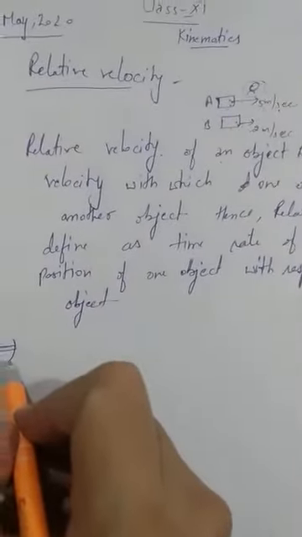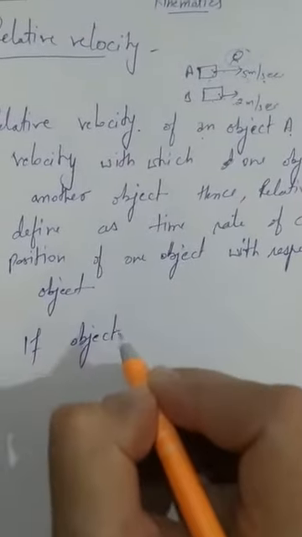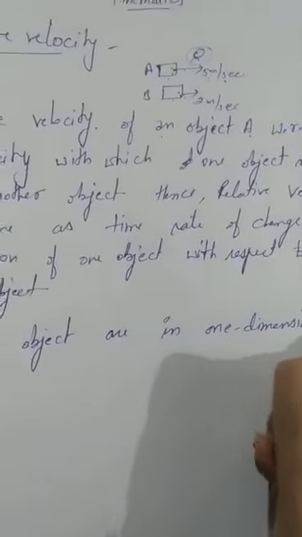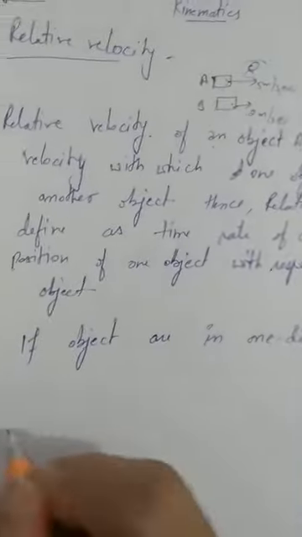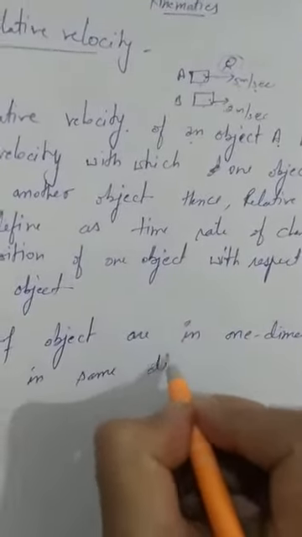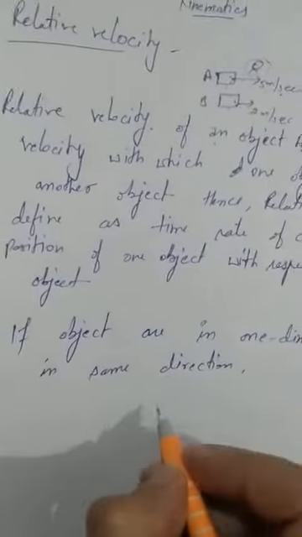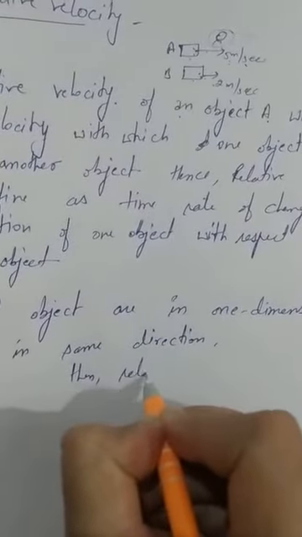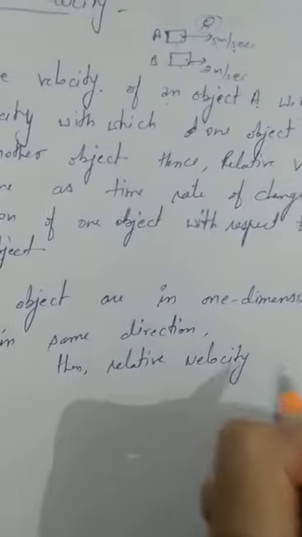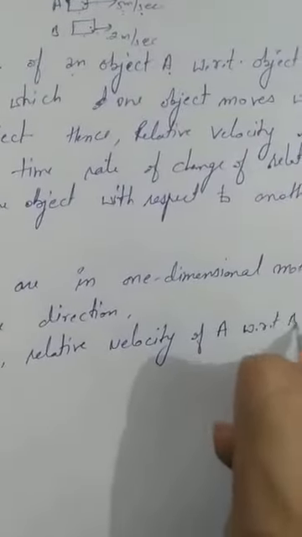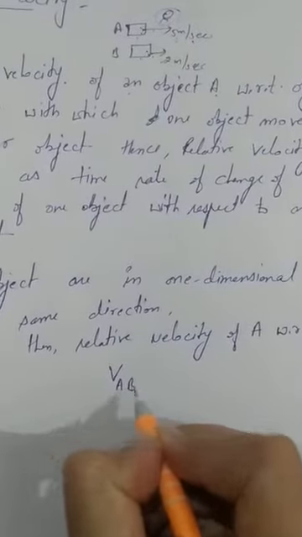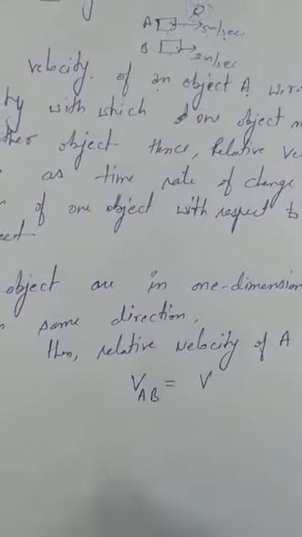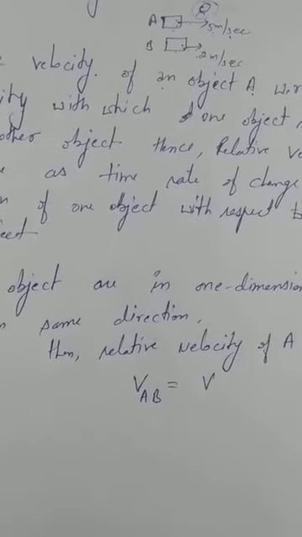There are two cases. If objects are in one dimension motion in the same direction, then the relative velocity of A with respect to B, how can we write it?